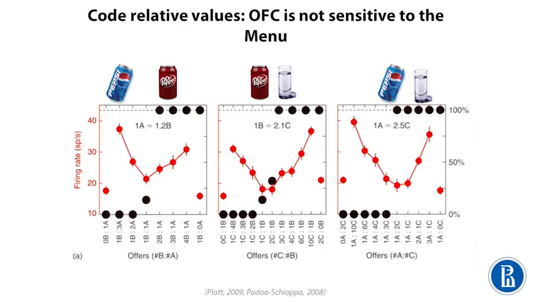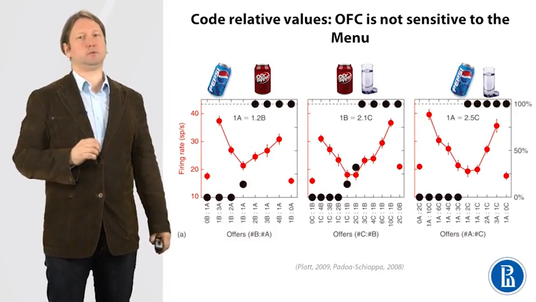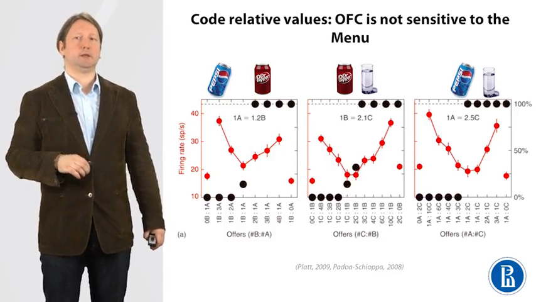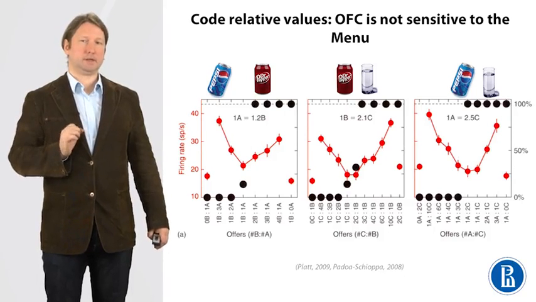So here I present to you once again the results of single-cell recordings in the orbitofrontal cortex during the decision of monkeys to select between two different drinks presented in different quantities. Here the activity of the orbitofrontal cortex neuron is presented in red, and the actual decisions of the monkey are indicated by black dots.